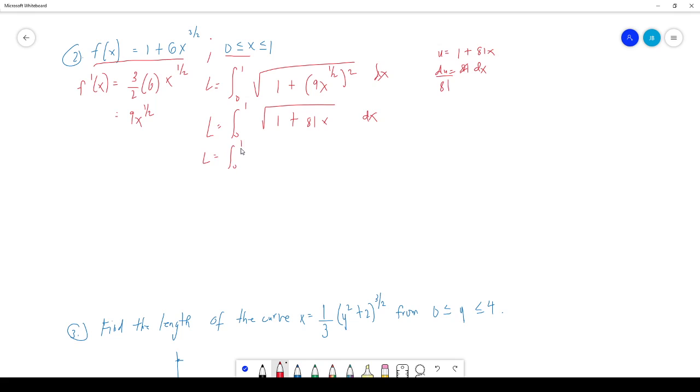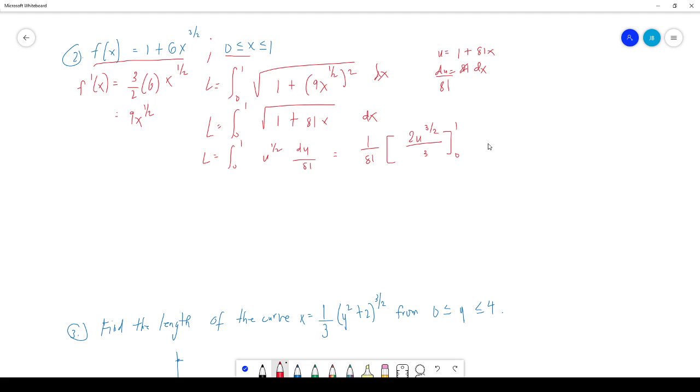Substituting this to u, that's u raised to 1 half, and then dx is du over 81. So, magiging 1 over 81. Then this is u to the 1 half plus 1. That's u to the 3 halves over 3 halves. So that's 2 again, u to the 3 halves over 3 from 0 to 1.